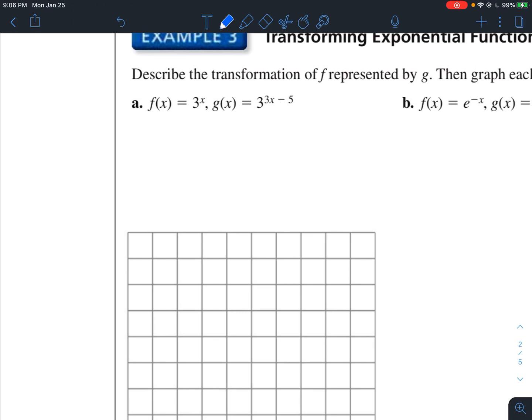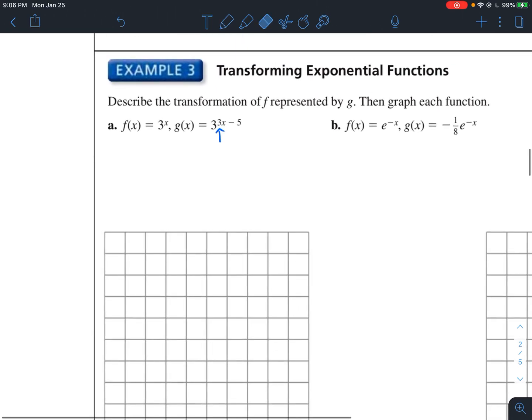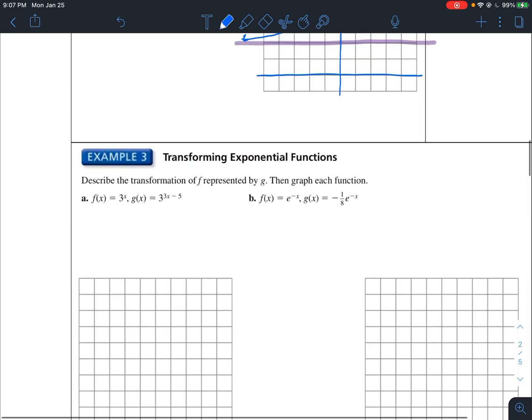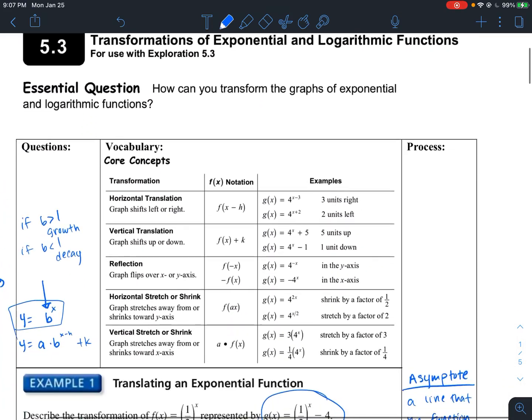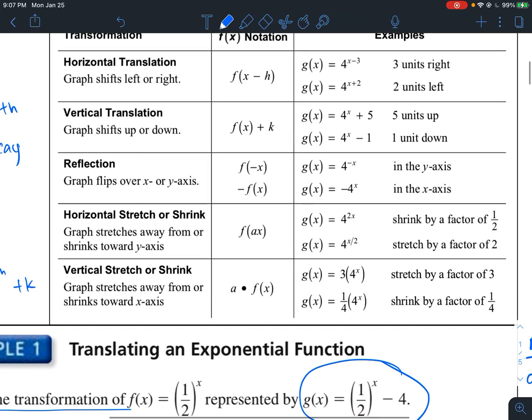So in this case right here, x is being multiplied by 3. Okay? So if we look up here, x is being multiplied by 3, that's inside. So if it's inside and it's greater than 1, this means it's a horizontal shrink by a factor of the reciprocal.